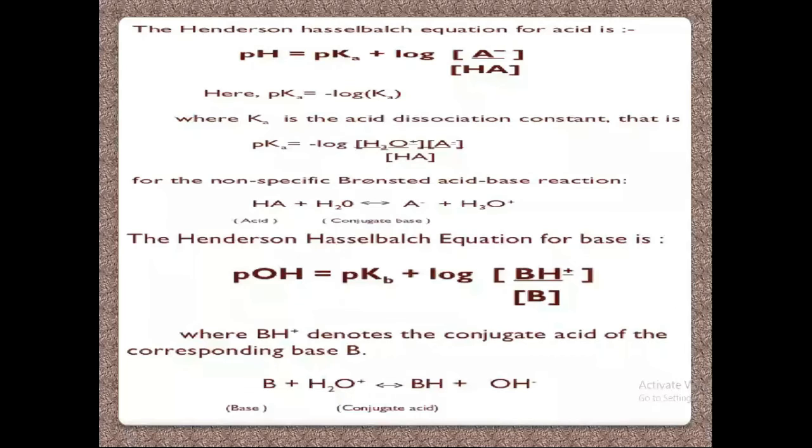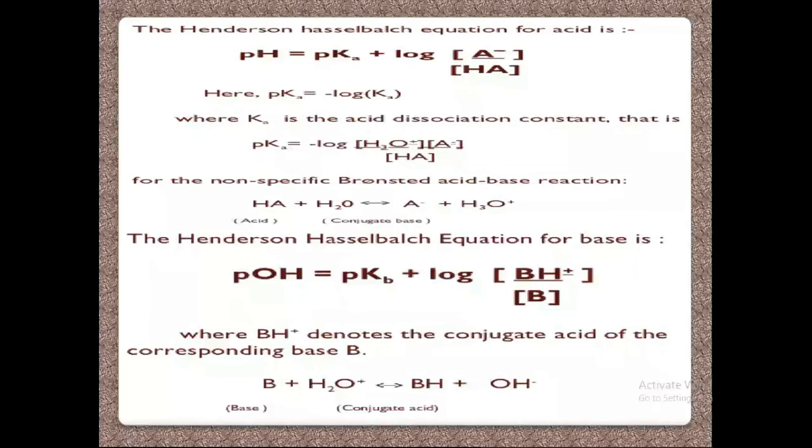So pH is equal to pKa of carbonic acid, H2CO3, plus log of bicarbonate HCO3 minus by carbonic acid H2CO3. Here pKa of carbonic acid is the acid dissociation constant of carbonic acid, equal to 6.1. HCO3 minus is the molar concentration of bicarbonate in the blood, and H2CO3 is the molar concentration of carbonic acid in the blood.